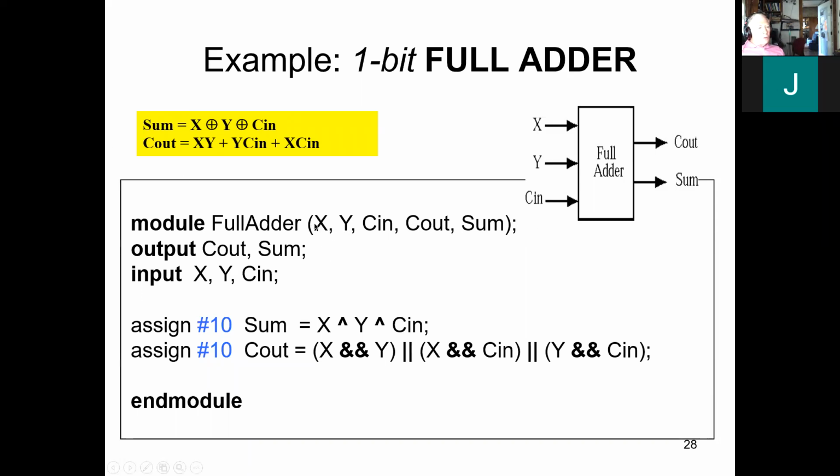When you instantiate it, you obviously change these variables to be the variables you're interested in, as opposed to what's in the module here, just as these are sort of placeholders for the module itself. And again, since you're using positional notation, X has to be here, Y has to be here, carry in, C out, and sum in that order exactly, with none of the variables omitted. They all have to be included.